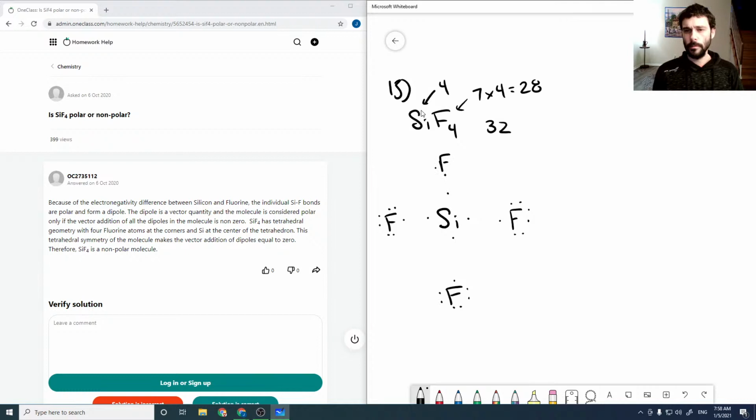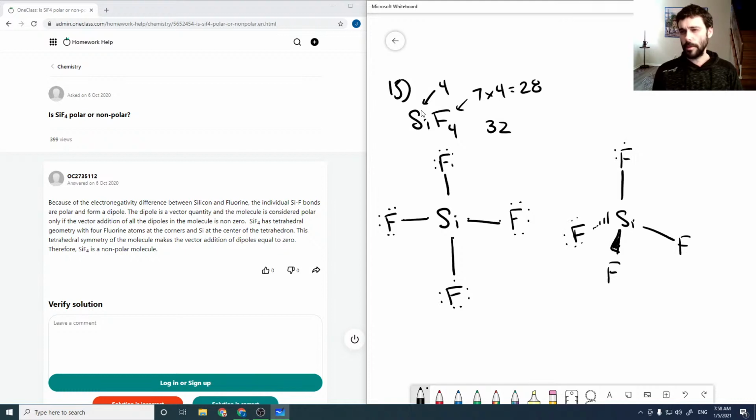And this looks good. Our molecular structure would look like this, where I'm using wedges to show that they're coming out of the page and dashes to show they're going into the page.